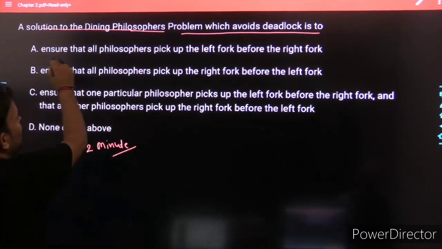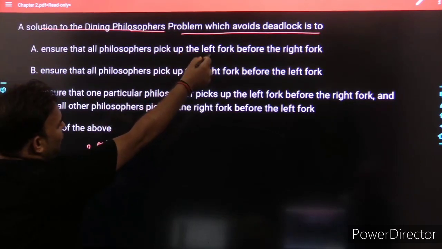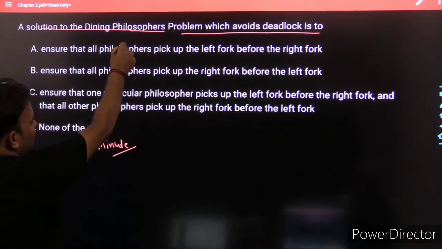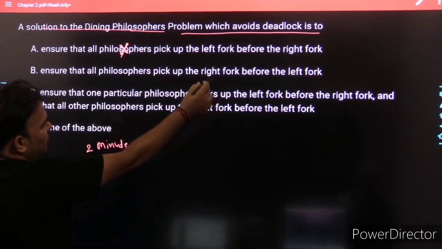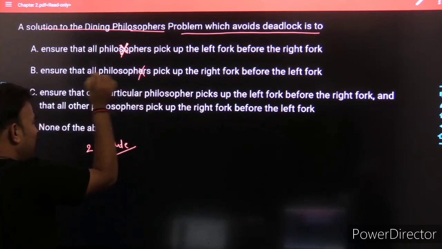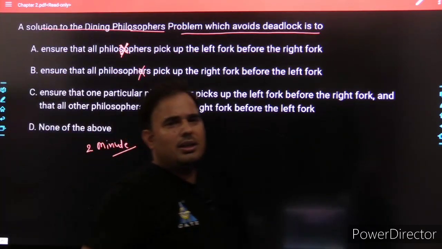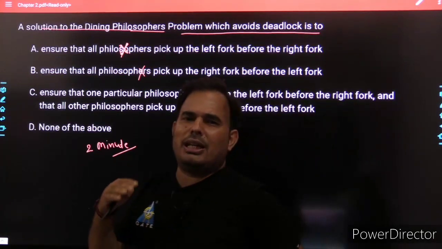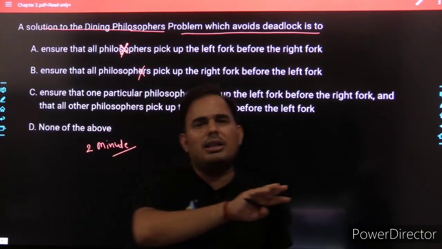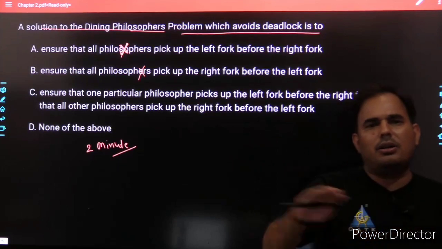Ensure that all philosophers pick up the left fork before the right fork. If they are doing this, then there is a deadlock. Ensure that all philosophers pick up the right fork before the left fork. As I told you, whatever 9 are doing, the 10th one does just the opposite, and then there is no deadlock.